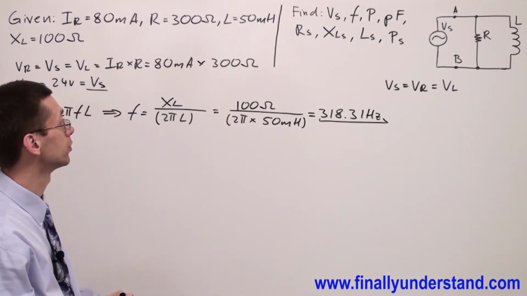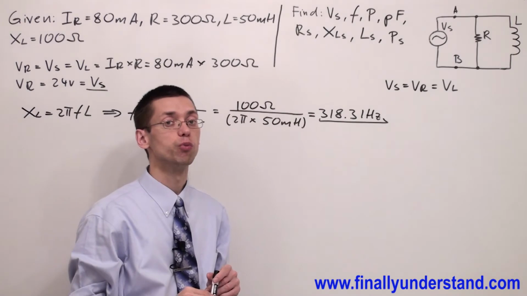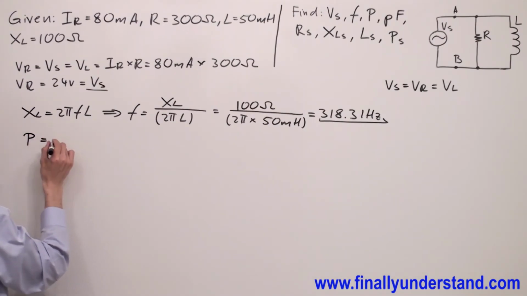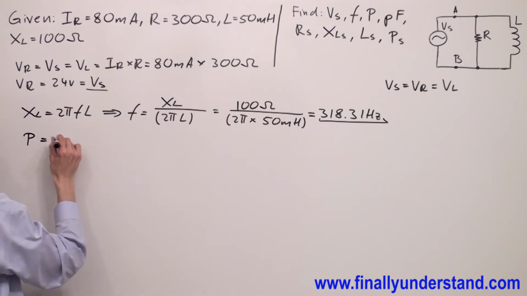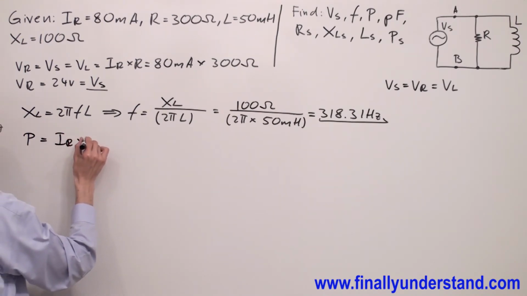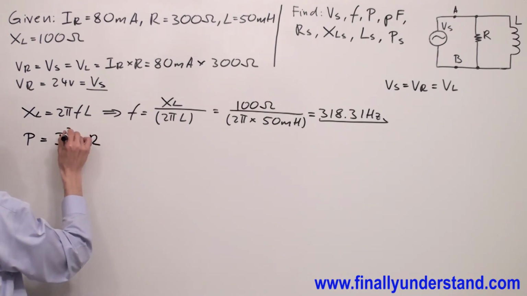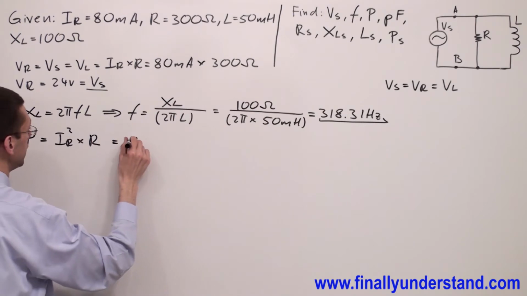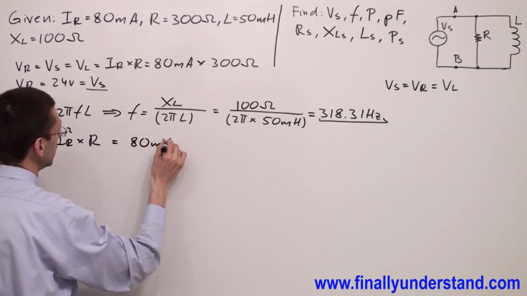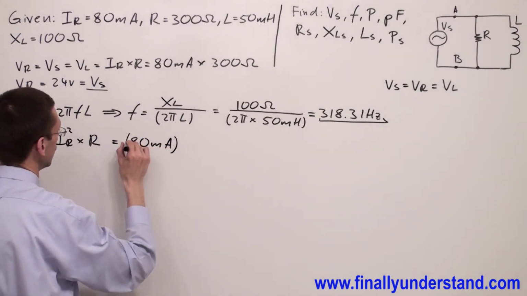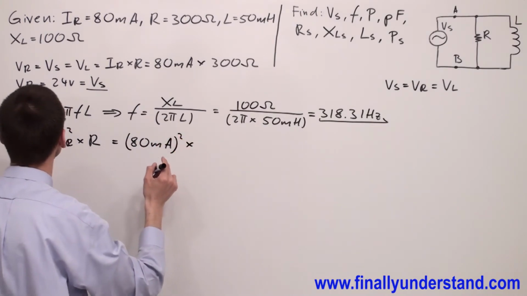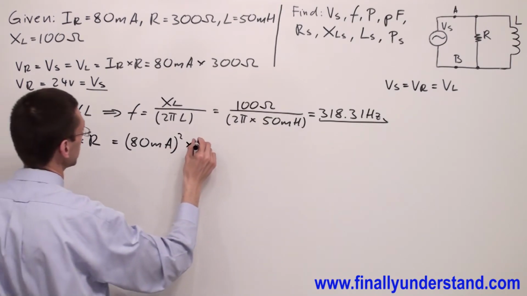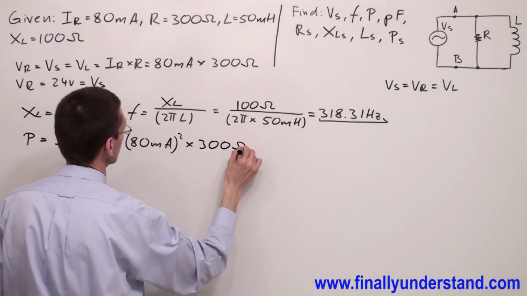Next, we're supposed to find the true power in the circuit. P is equal to IR squared times R. So IR is equal to 80 milliamps squared times the resistance, which is equal to 300 ohms.